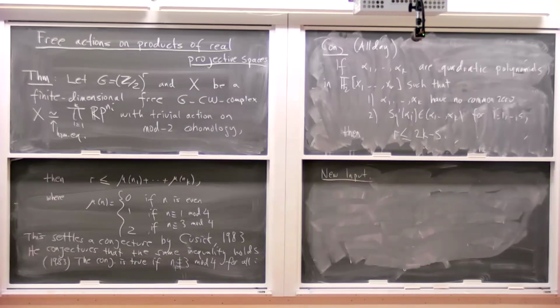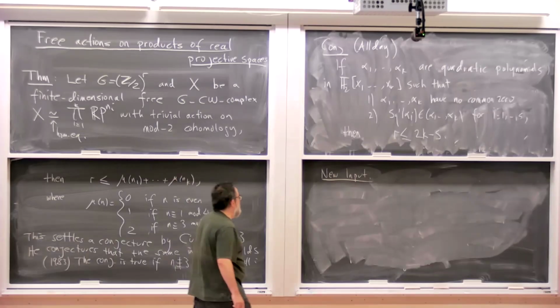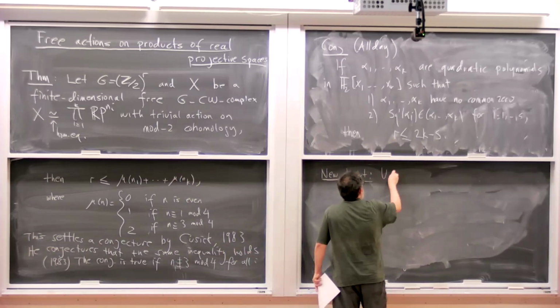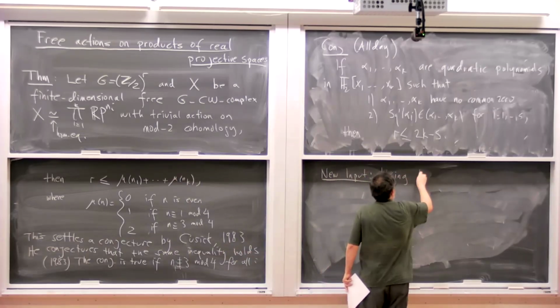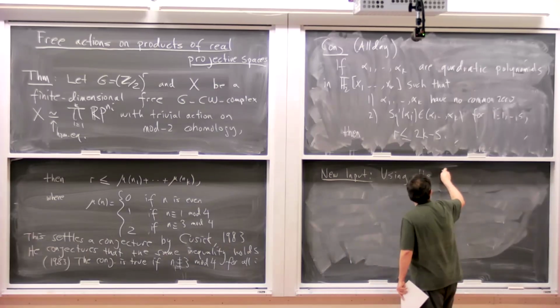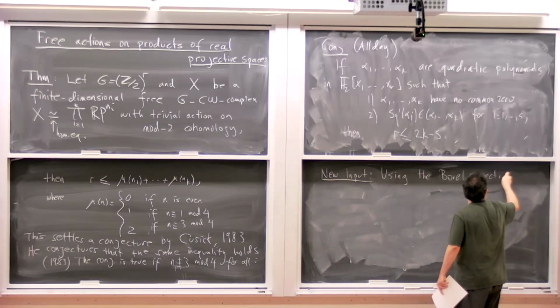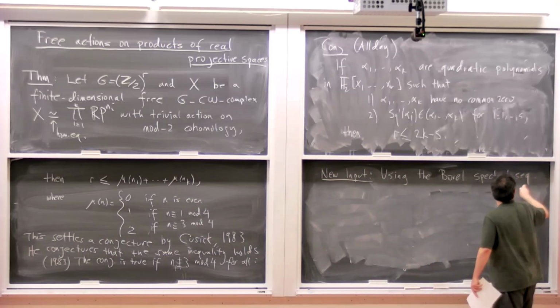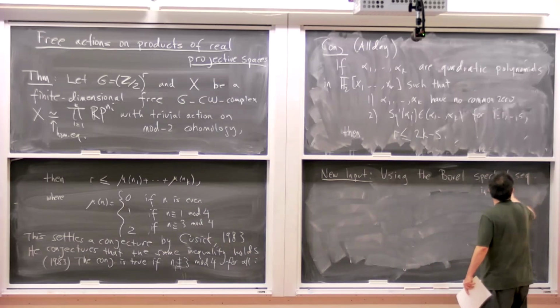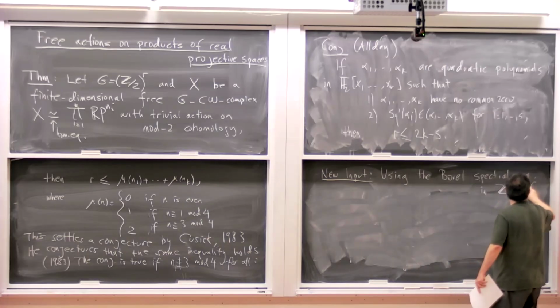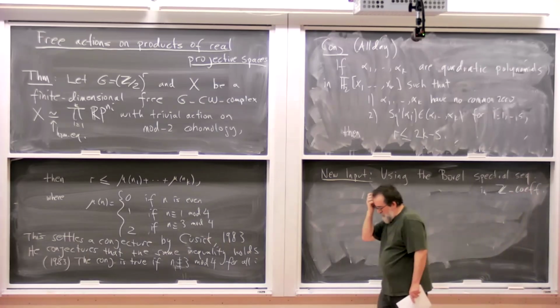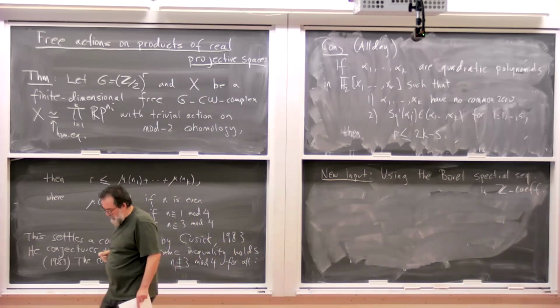So somewhere I will use integral cohomology. So the new input is using integral cohomology coefficients for our spectral sequence. Now there are a few difficulties that come with it.